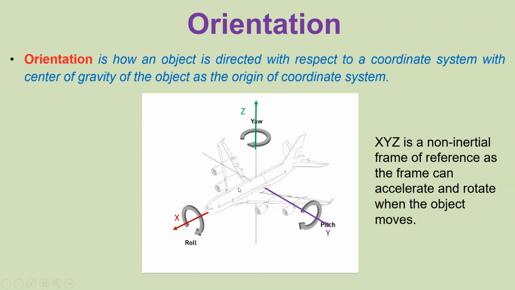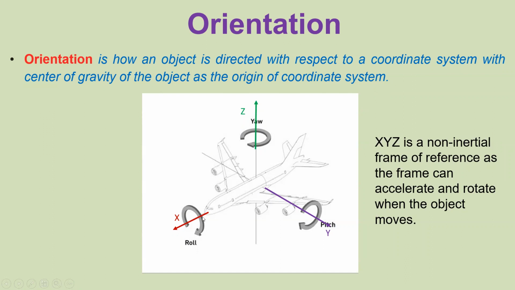If you take this aeroplane, for example, the center of gravity of the aeroplane lies at some place like this, so that you can put the XYZ coordinate axis, a 3-dimensional axis, at its center of gravity with the origin. So 0, 0, 0 is lying at the center of gravity.